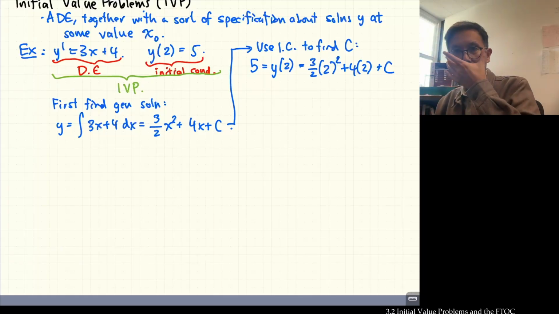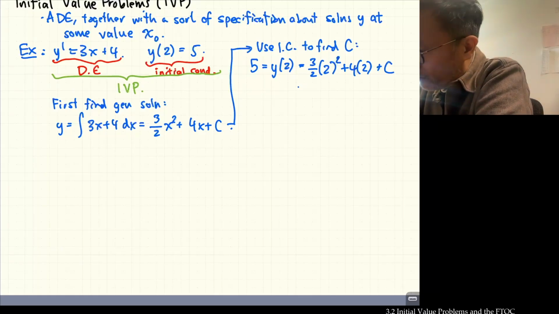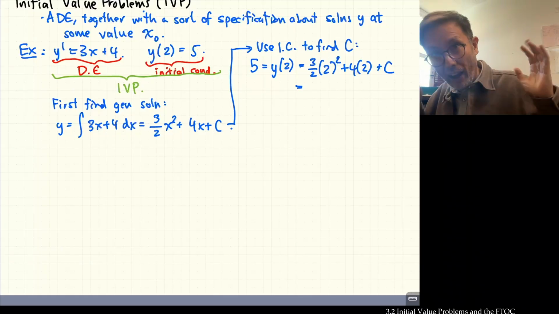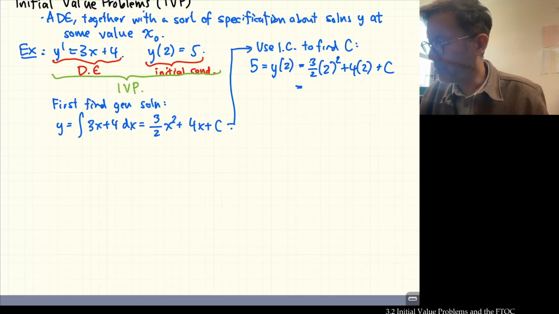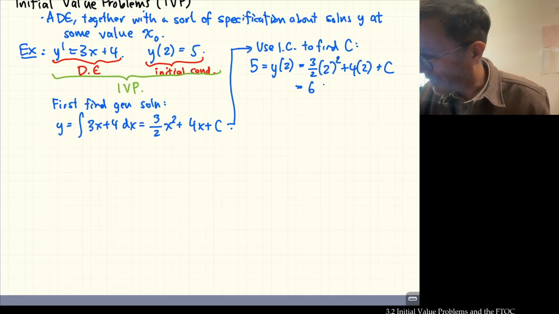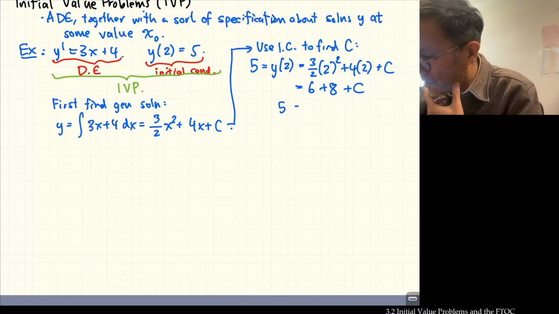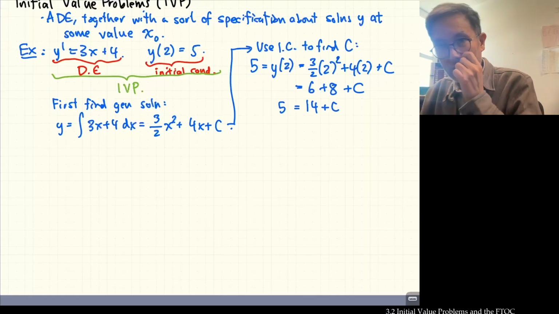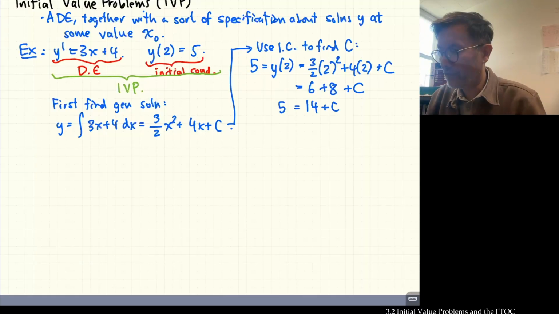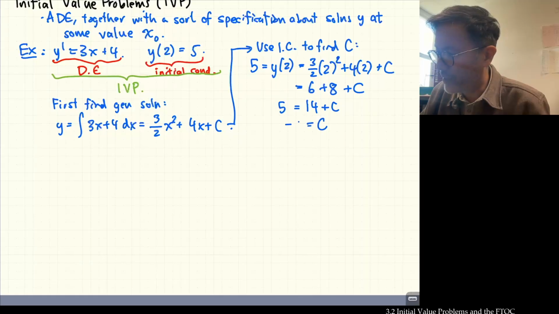And now this is an 8th grade problem, right? This is something you know how to do. So this is like 6, and that's like 8, and that's c. And this is, remember, 5. So we get the equation 5 is equal to 14 plus c. And we subtract 14 from both sides, and we learn that c is equal to negative 9.